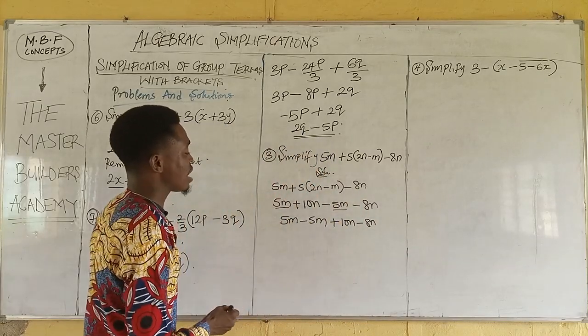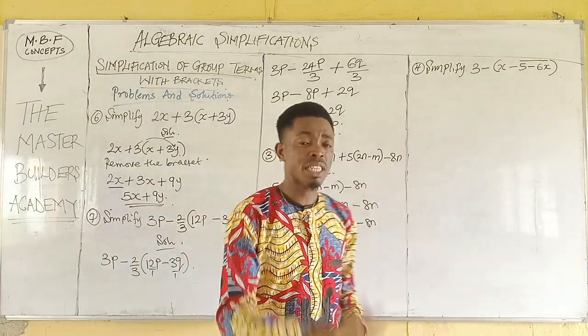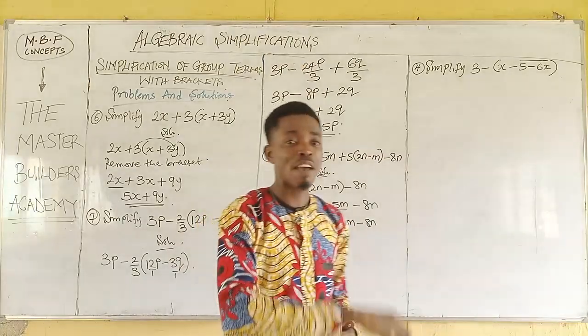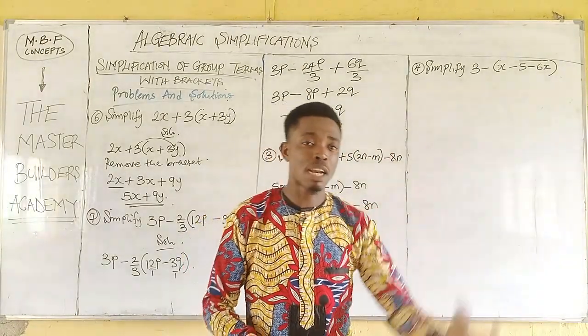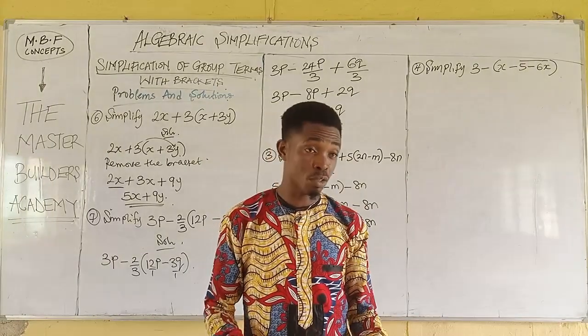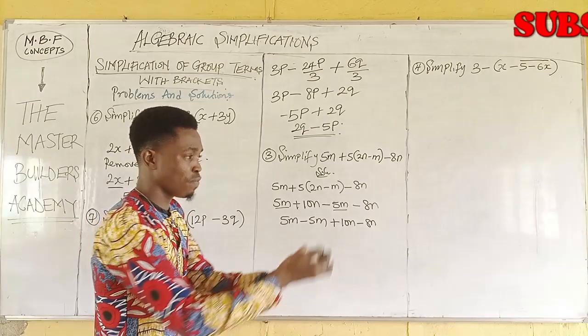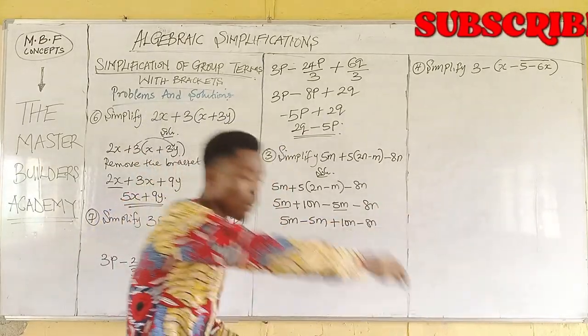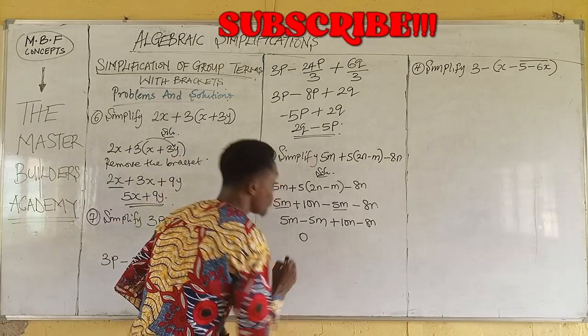Now the next thing we do, guys, is 5m minus 5m. If I have 5 mangoes, then I remove 5 mangoes from there, what do I have? 0. So 5 minus 5 is 0. 5 things, remove 5 from it, nothing will be left. So this will give us 0.